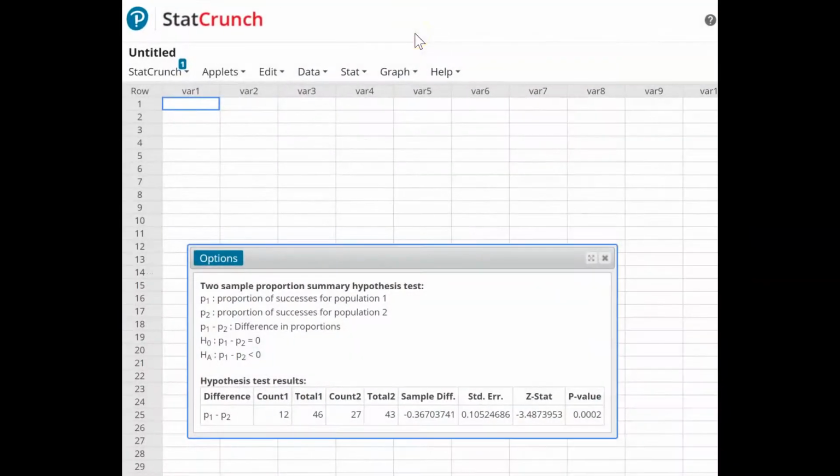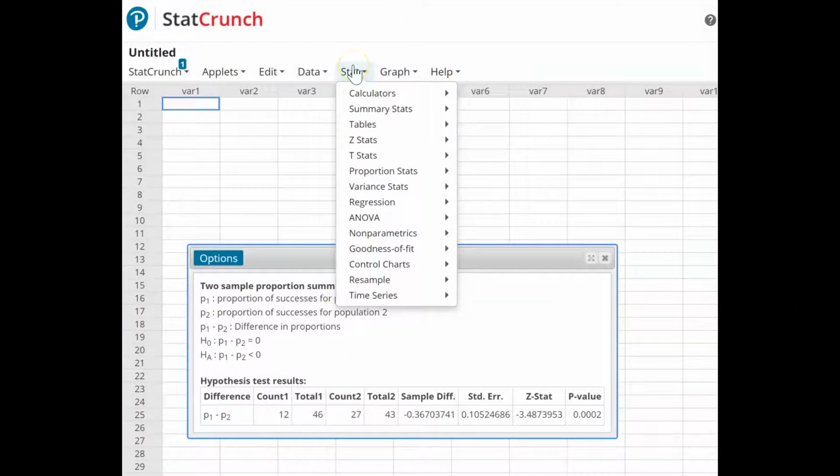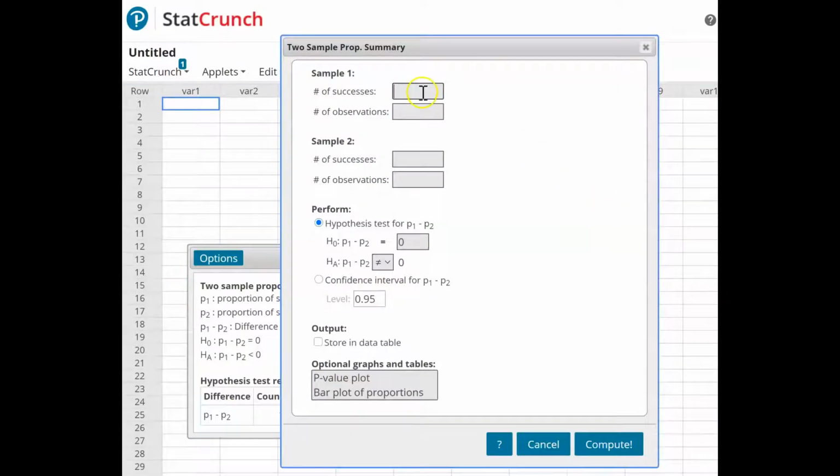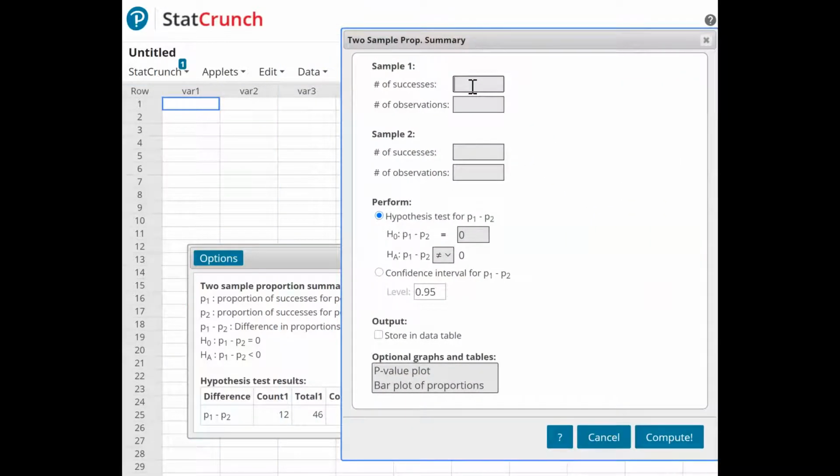To build a confidence interval for two population proportions in StatCrunch, go to Stat, Proportion Stats, choose Two Sample with Summary, enter the same values: number of successes in the first sample, 12, total number of observations, 46, number of successes in the second sample, 27, and total number of observations in the second sample, 43. Choose the confidence interval for the difference between two population proportions, adjust the level to 90% or 0.9, compute.